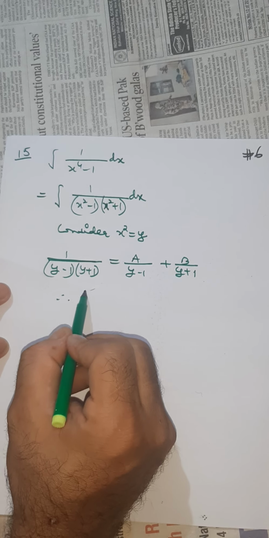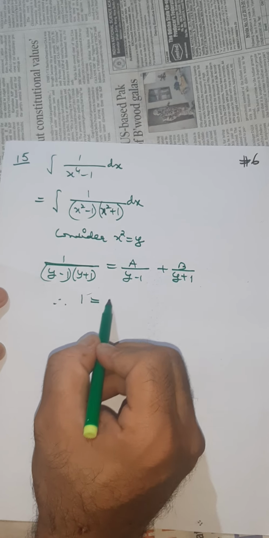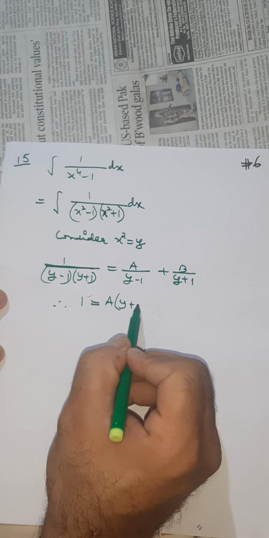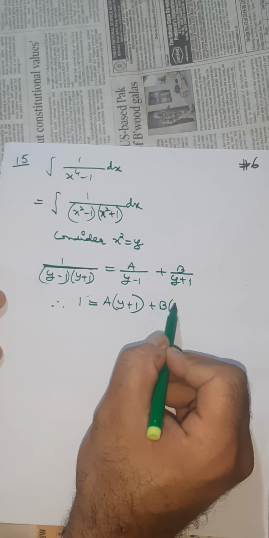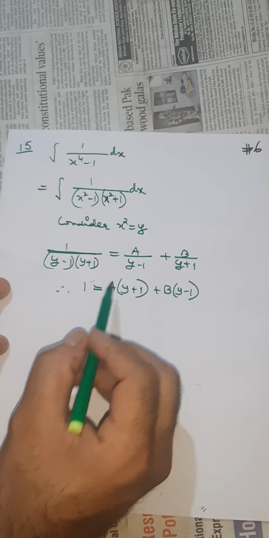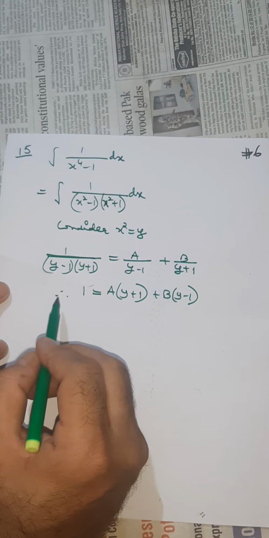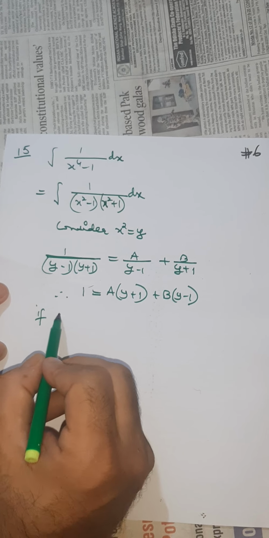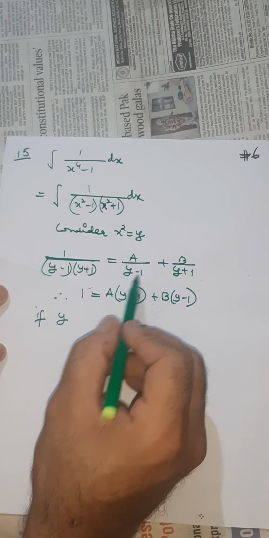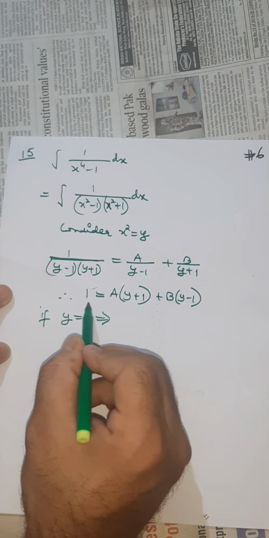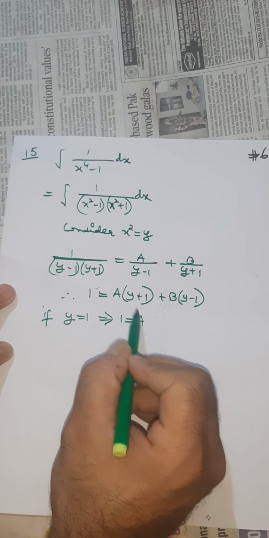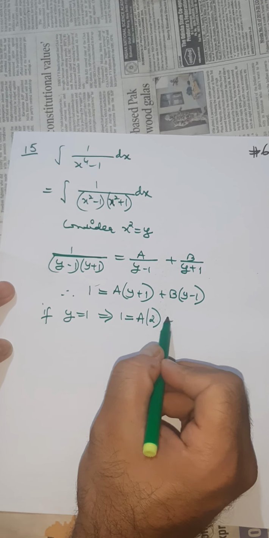Compare the numerators. Your numerator is 1. What's the numerator here? A into y plus 1 plus b into y minus 1. Now we choose the value of y. Here we take y equals 1. So a into 2 and this is 0.